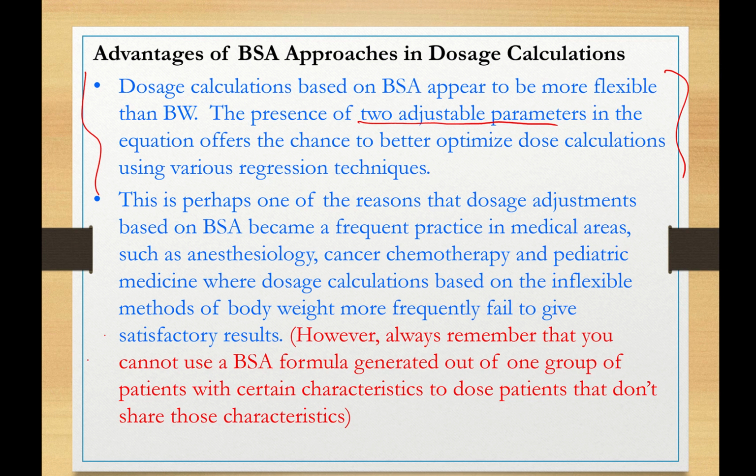And this is what I mentioned in the second paragraph. Always remember that you cannot use a BSA formula generated out of one group of patients with certain characteristics on those patients that do not share those characteristics. If they do, then you may try to dose your patient using body surface area, okay?